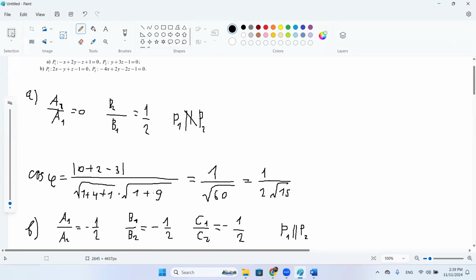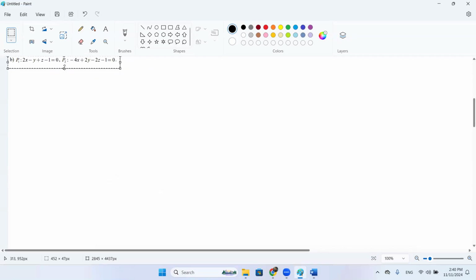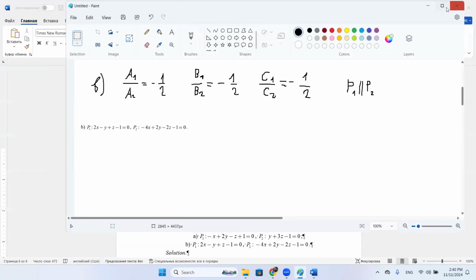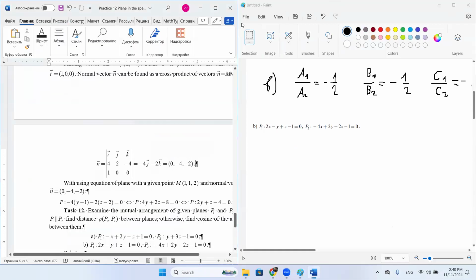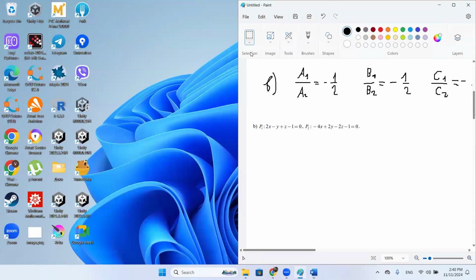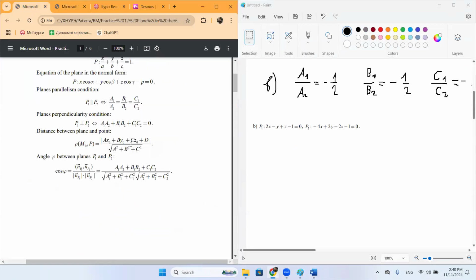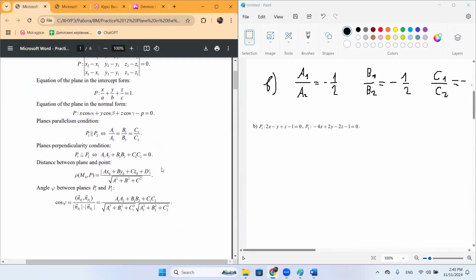Any ideas how to find the distance between planes? Do we have a formula for distance between planes, or do we need to find something else? So what do we need?